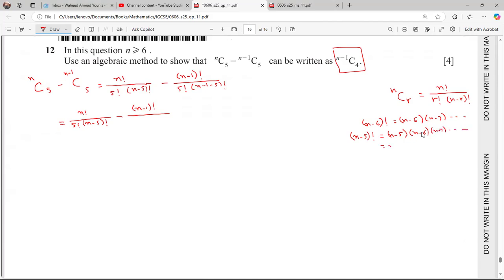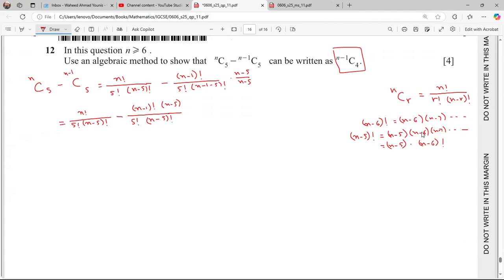So I can say this is (n minus 5) into (n minus 6) factorial. What I will do is multiply this expression top and bottom by n minus 5. So I will have n minus 5 here, and the denominator will become 5 factorial, and this whole thing will become (n minus 5) factorial.